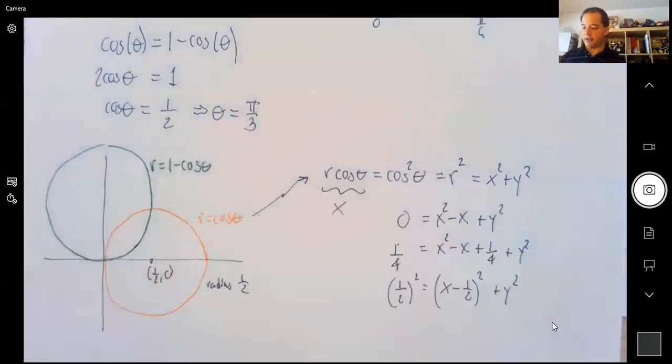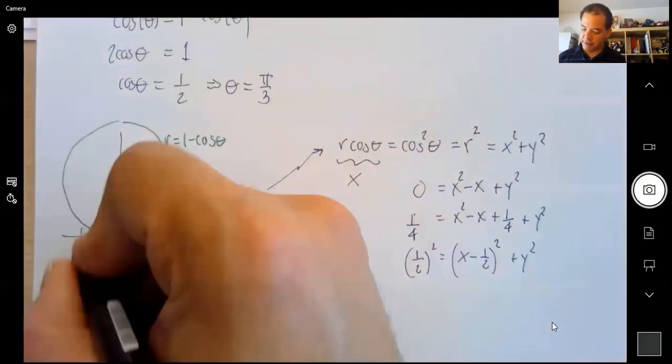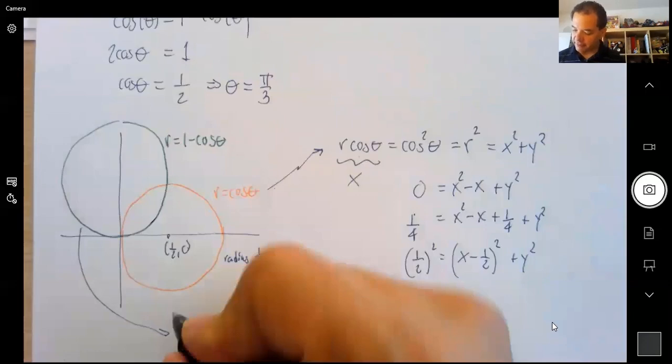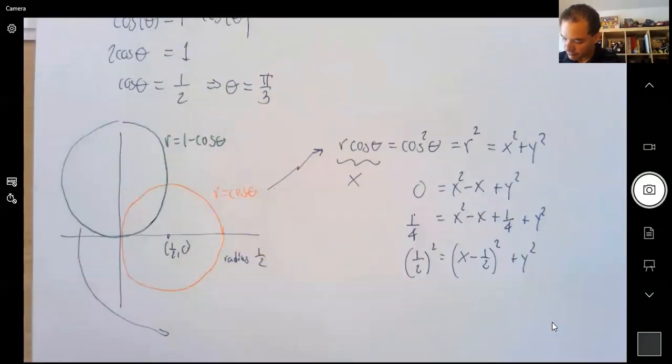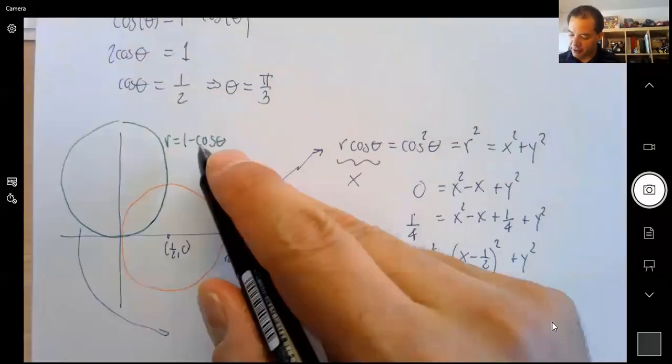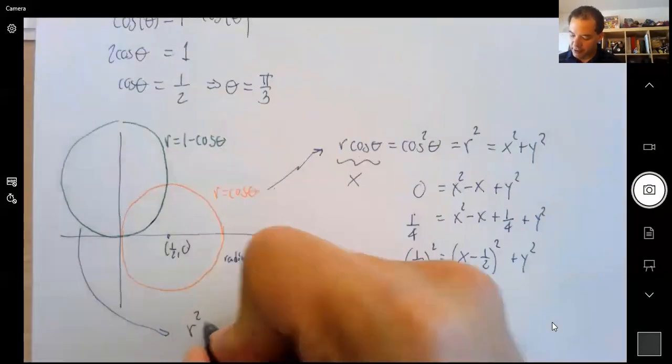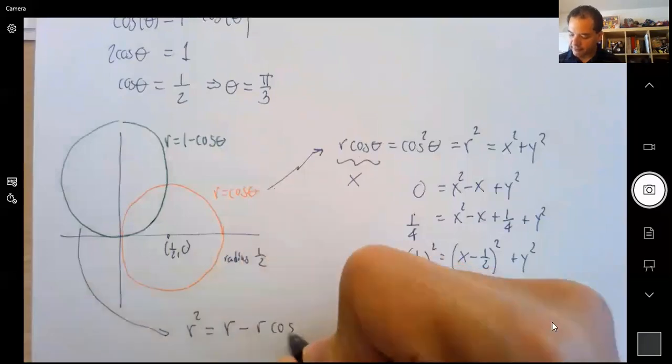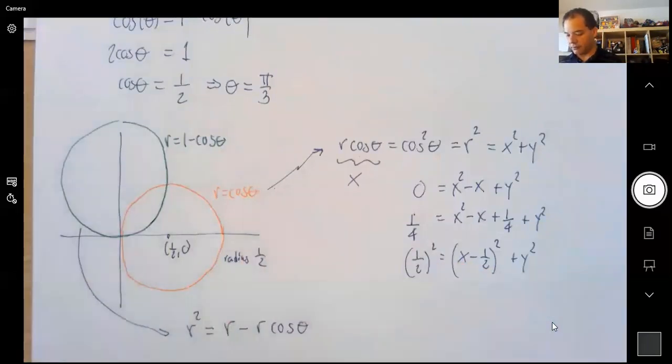Okay. Now let's try to do the same for the green circle. So for the green circle, I have that R is 1 minus cosine theta. So I'm going to multiply by R. So R squared is R minus R cosine theta. Let's see. It may not even be a circle. That's the thing, right? I don't know if it's going to be a circle. This is definitely x.